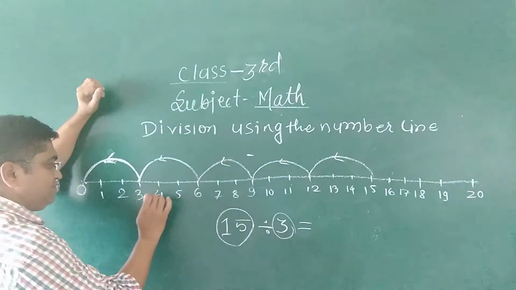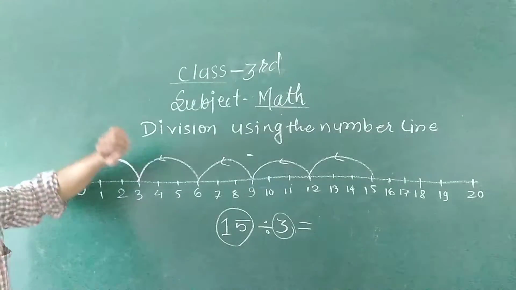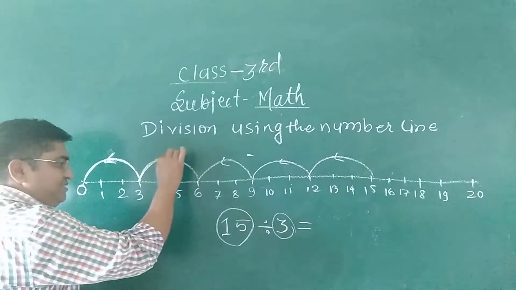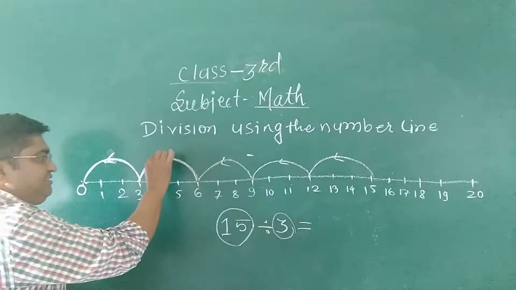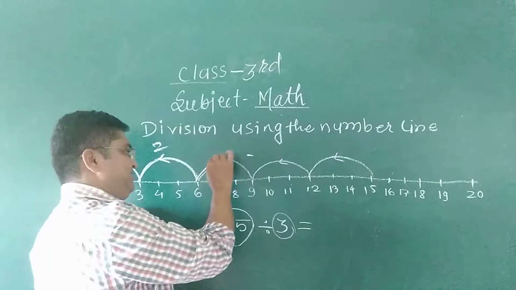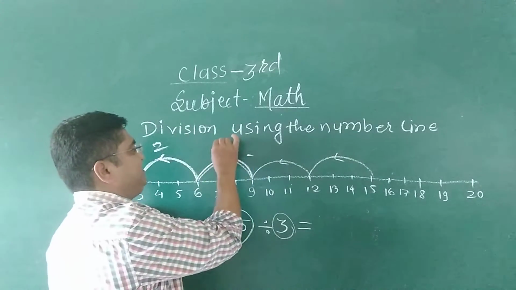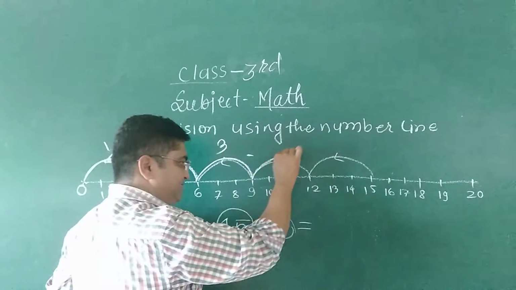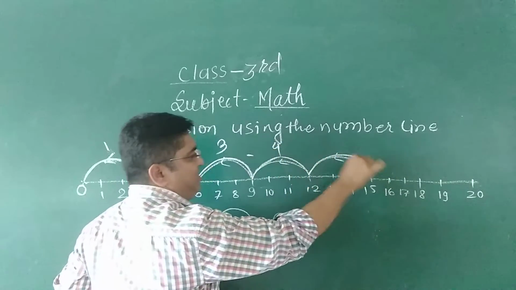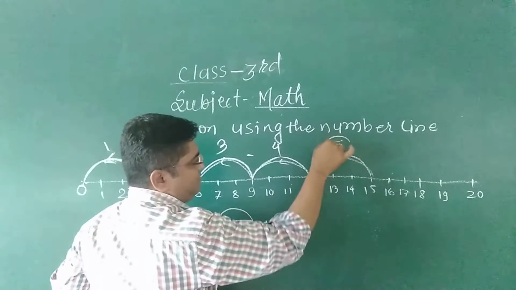Next from 3 to 6, this is the second loop. Next is up to 9, this is the third, next the fourth, and next the fifth.